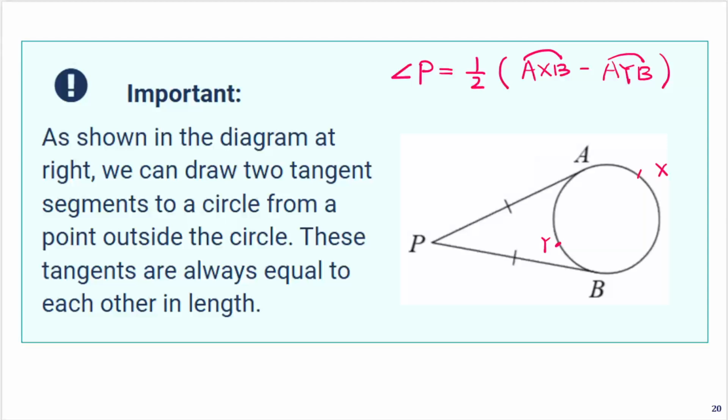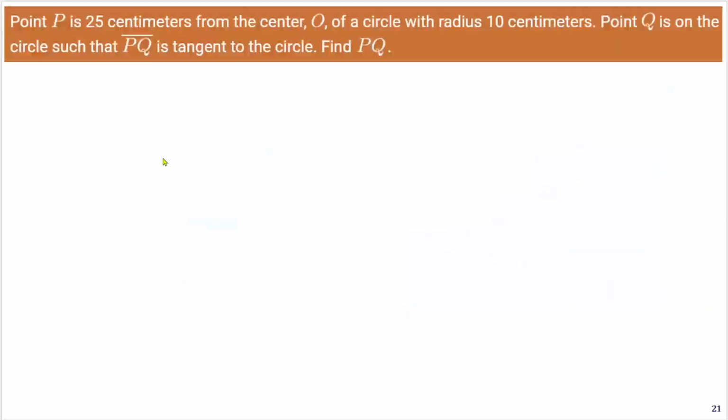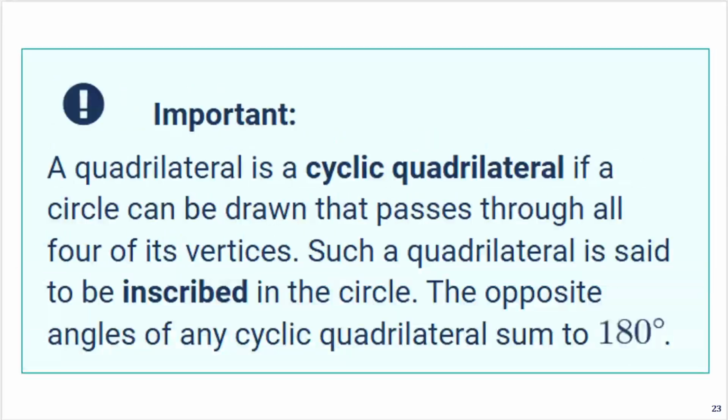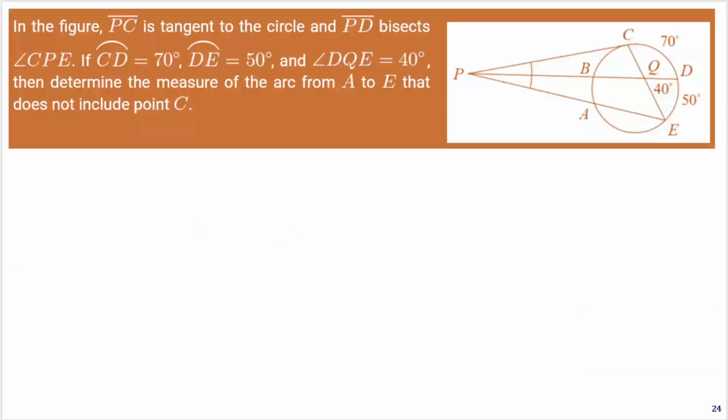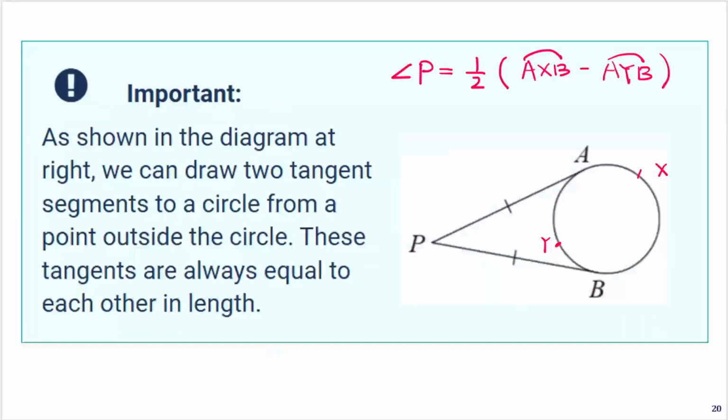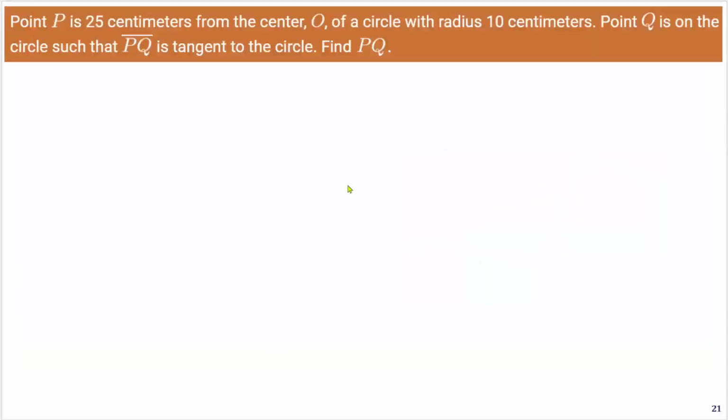Alright, so now let's use what we have learned so far to solve this problem here. Sorry, this one here. Any ideas? Point P is 12 centimeters from the center O of a circle with radius 10 centimeters.